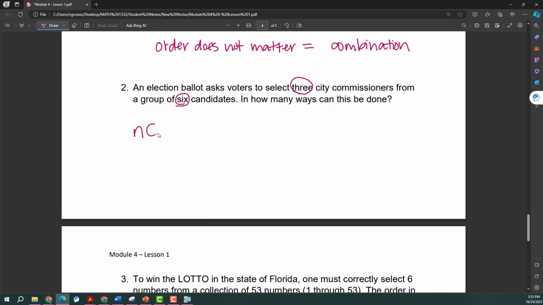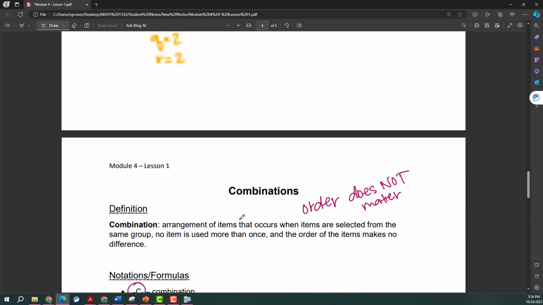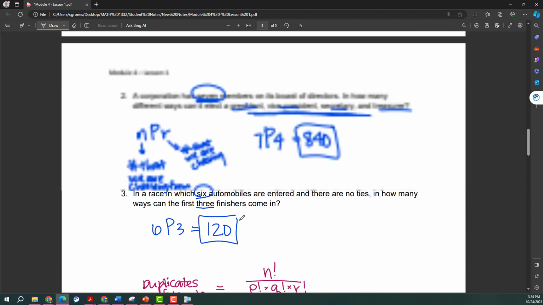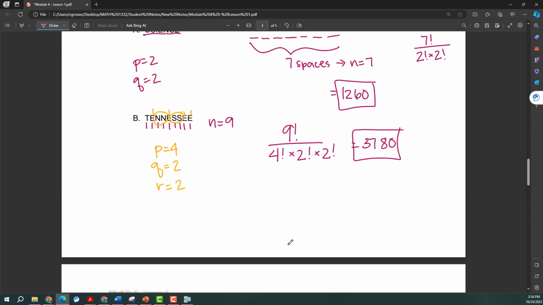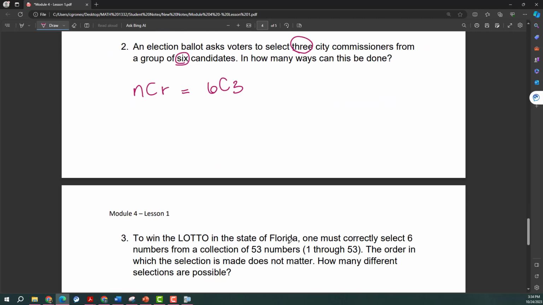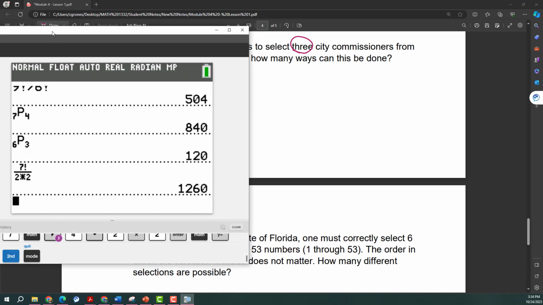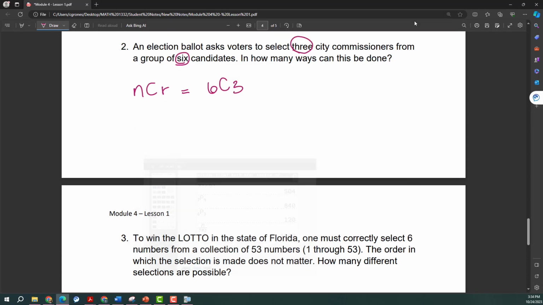So using our nCr formula, we have 6 and then we're choosing 3. So 6C3. I think we calculated that up here, didn't we? 6C3? Oh no, that was P3. So what'd y'all get for 6C3? Or do y'all want me to do it? 20. 20, thank you.